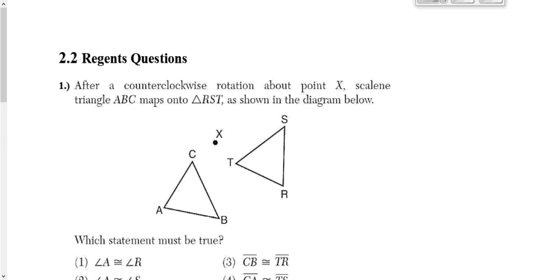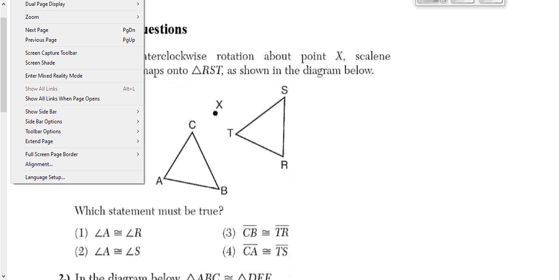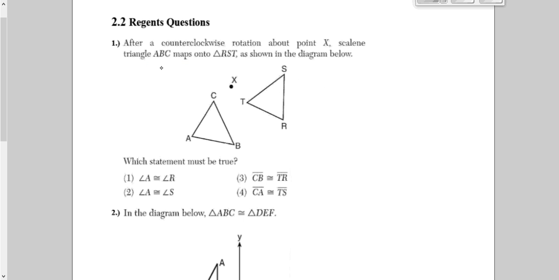Read that. Easy. A little smaller. Counterclockwise, about point X. One triangle maps to the other, right? So to figure out what parts go with what, what are you going to look at, guys? Look at those 2 triangles.